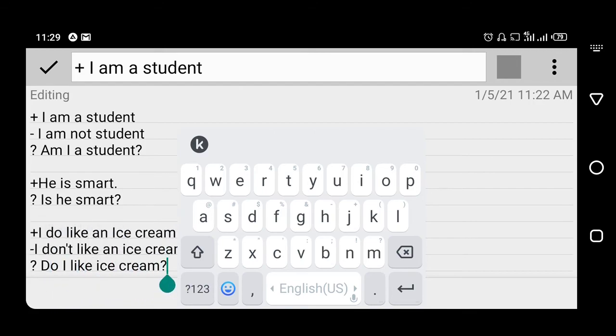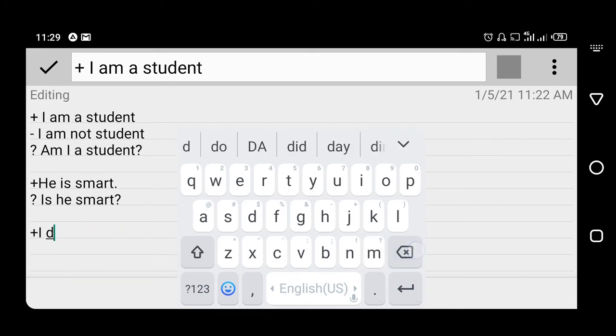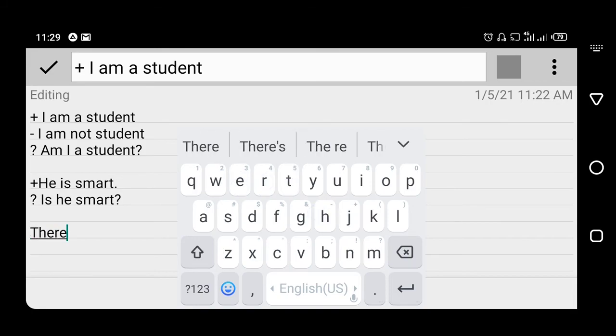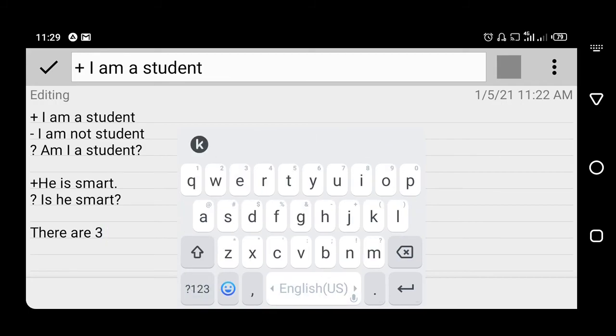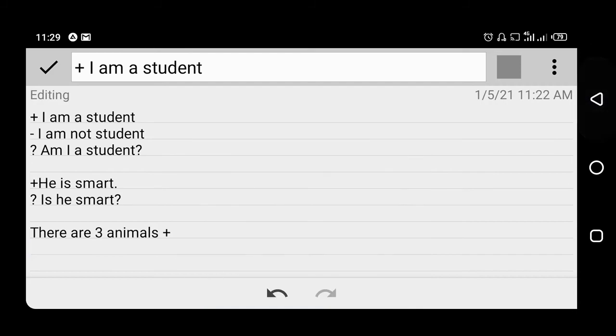But I think this is not related because we don't use a do yet, so I think I will have to use are first. There are 3 animals. See this? This is a positive one in here. And then we will make a question from here. Kita bakal membuat pertanyaan dari sini.